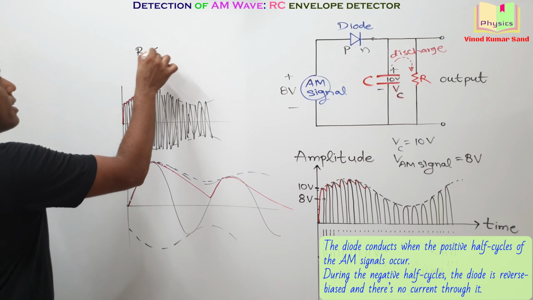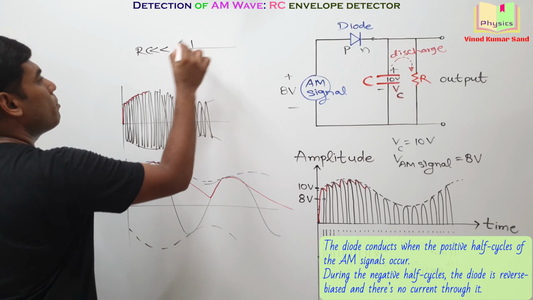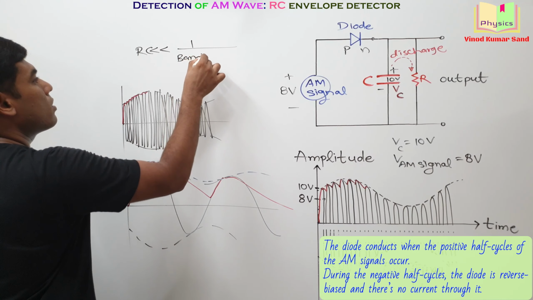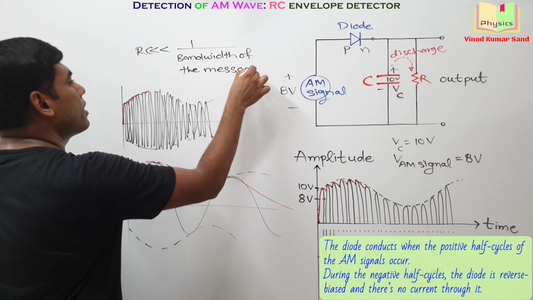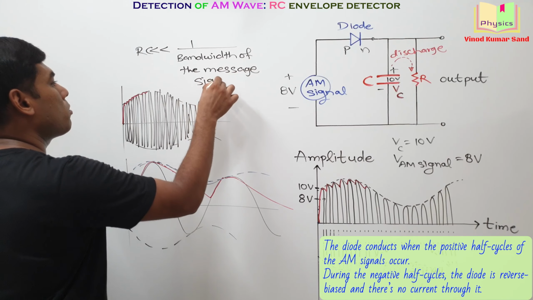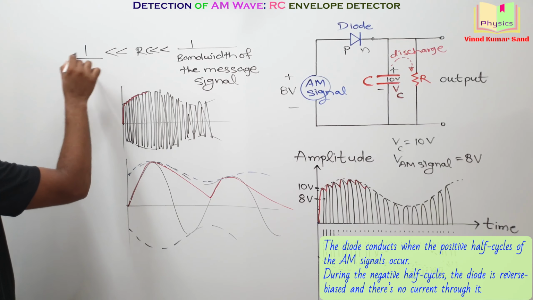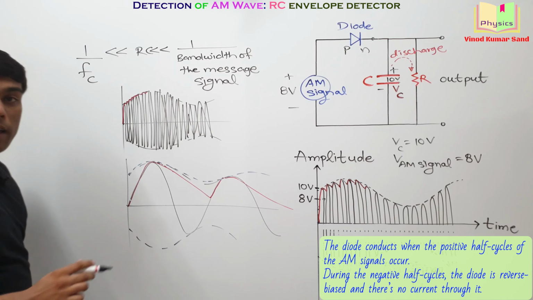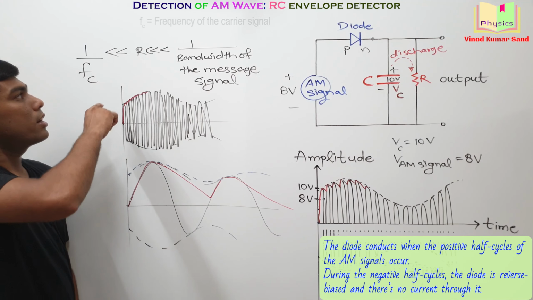The RC should be much less than 1 by the bandwidth of the message signal, or the modulating signal, or the information, you can call it anything, and here I should write 1 by fc. Got it? I'm explaining the condition again.